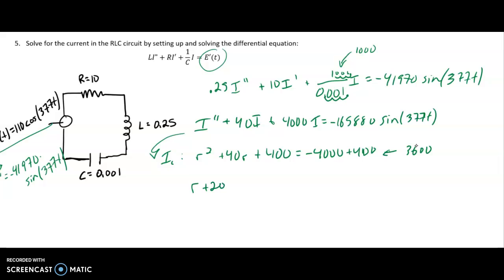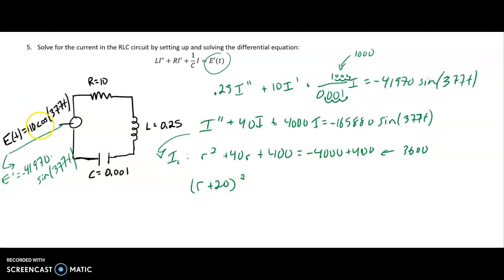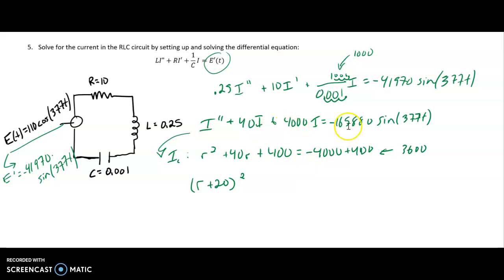So, what's that give me? R plus 20 squared. This one's nice in that I can actually complete the square with it. It's been designed to be able to complete the square with. Sometimes we can't, and there's various other methods. Oftentimes, like quadratic formula or something like that's going to work for us. But since I can complete the square here, I'm going to roll with that.